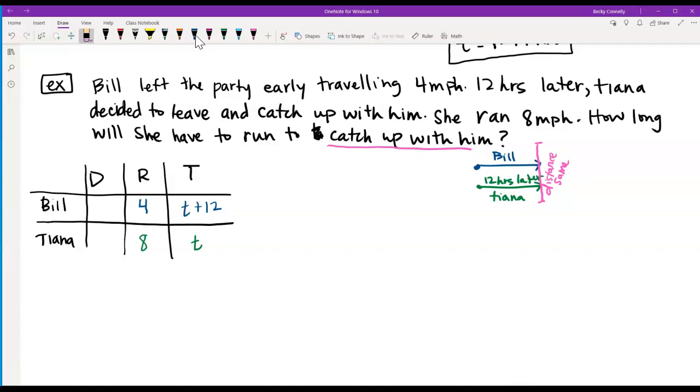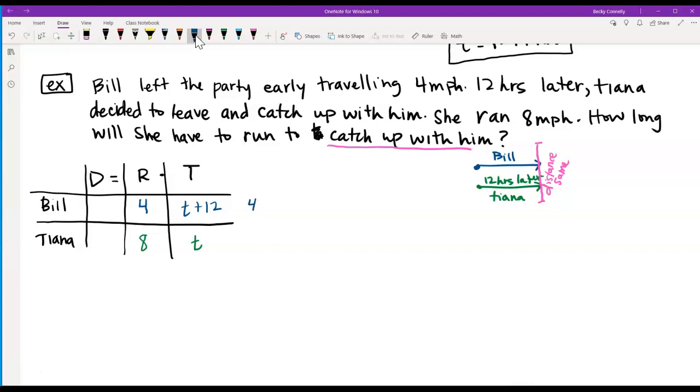And then remember, the distance is rate times time. Just like we did on the one above, we multiply the rate and the time together. So we do a little side work out here.